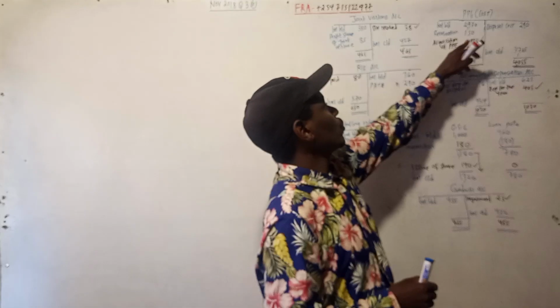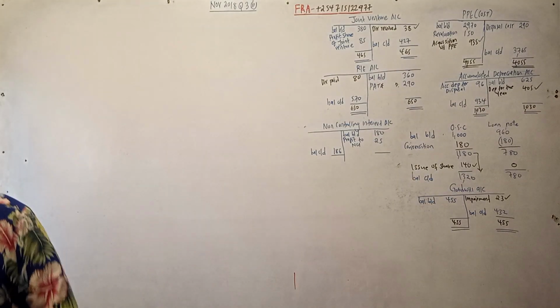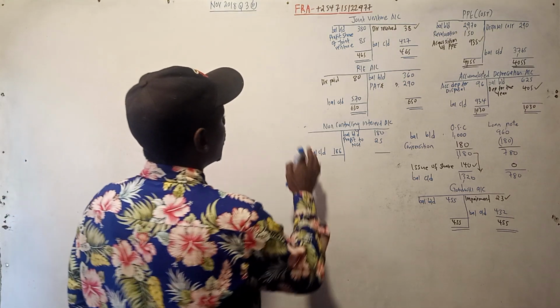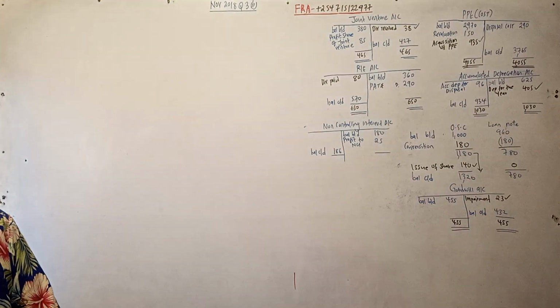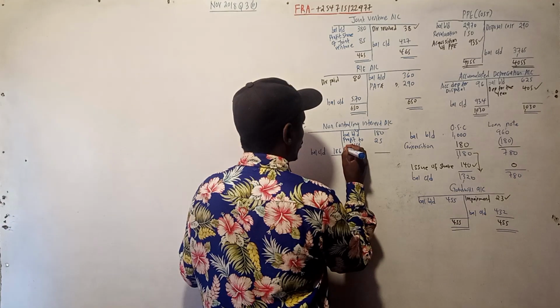Then because there was a revaluation of 150, we need to put the share of the revaluation in this account. Remember, this company owns the subsidiary 80%, meaning 20% is not held.